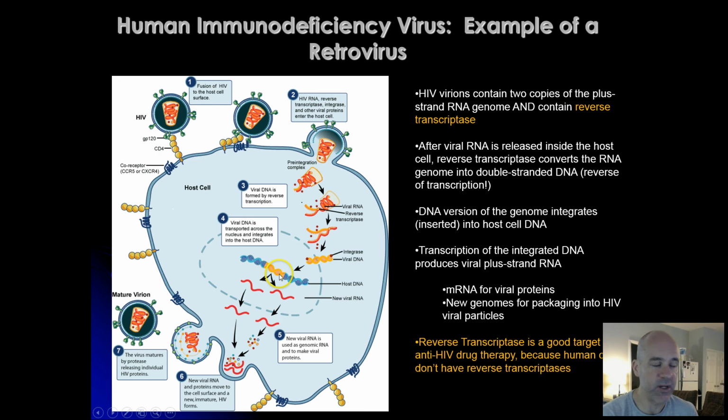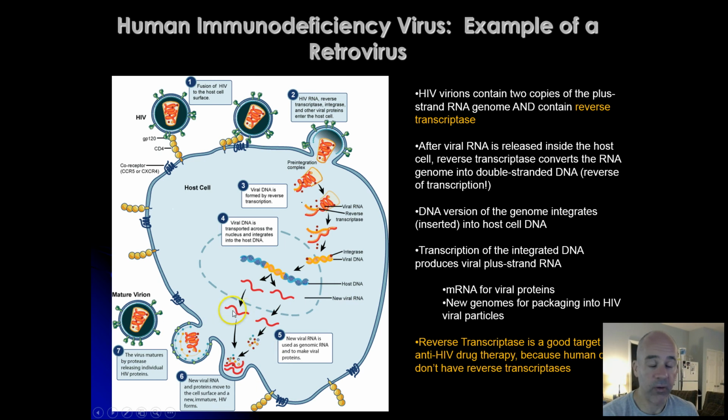That's called integration. Once that happens, the host cell now just thinks that HIV DNA is some of its own DNA, so it's going to start doing transcription of HIV's genes. Those RNAs go out into the cytoplasm, and the ribosomes are going to see those and make the virus's proteins. So you assemble new virus particles.